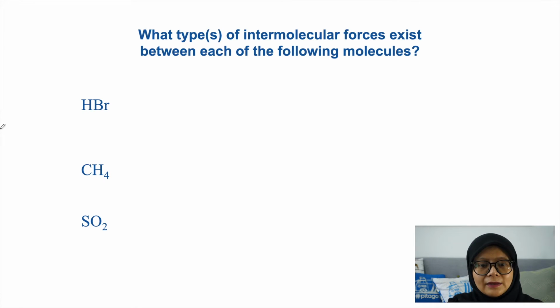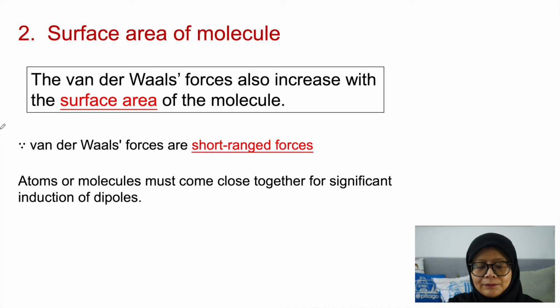Other than that, after the size of the molecule, the second most important is the surface area of the molecule. The van der Waals forces also increase with the surface area of the molecule.